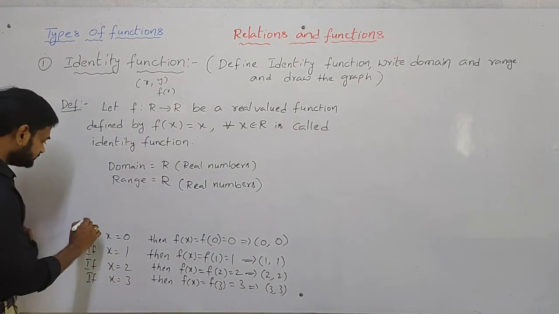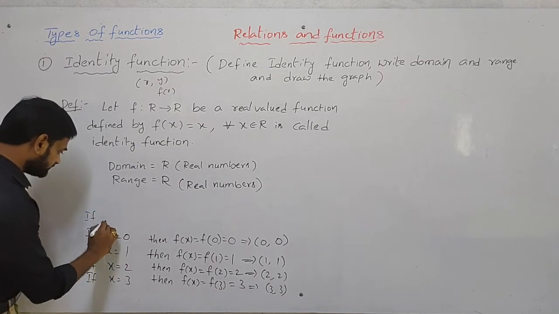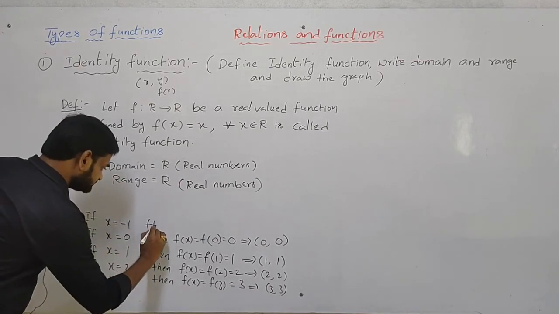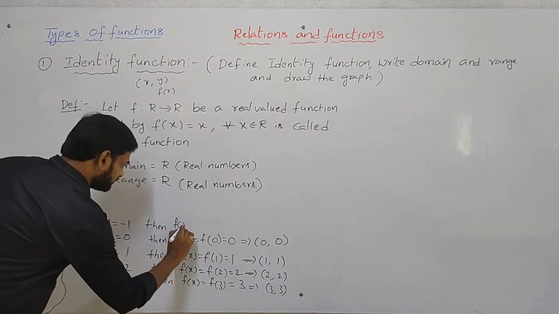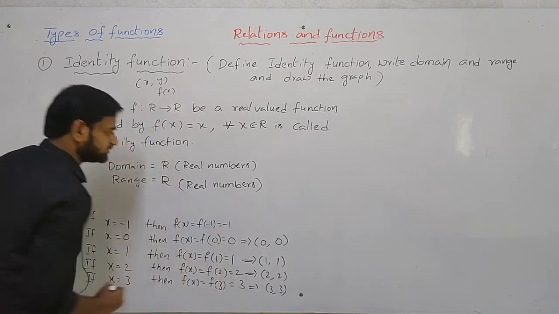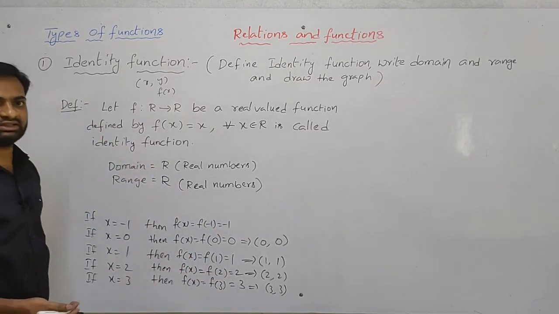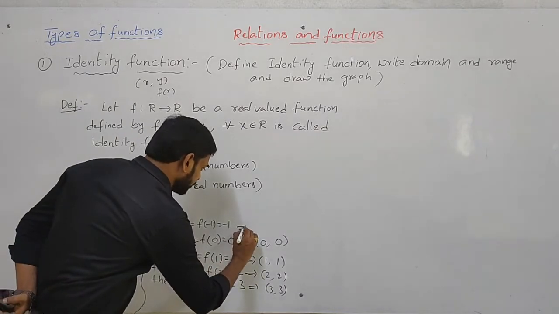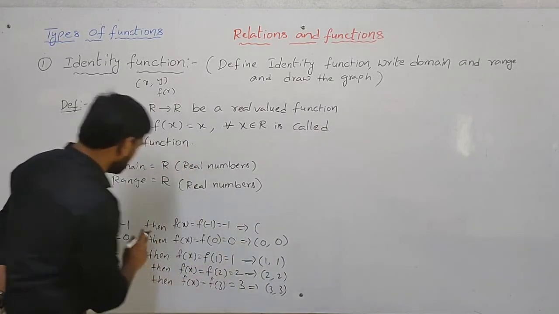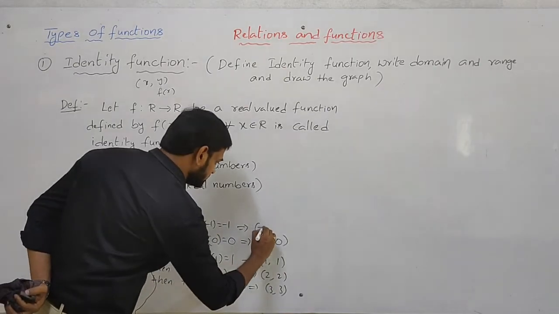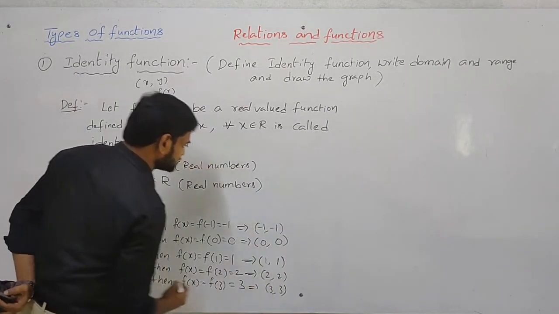What about the negative? If x equal to minus 1, then f of x equal to f of minus 1 is equal to minus 1. The answer is also the same. So what is the point now? X value is minus 1, f of x value is minus 1. So minus 1 comma minus 1.